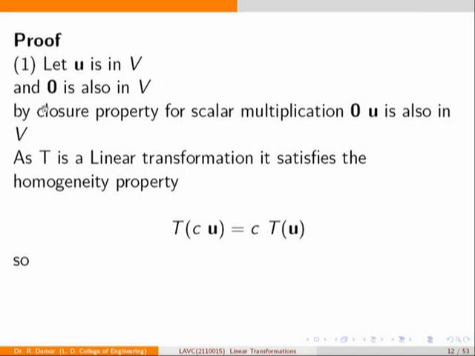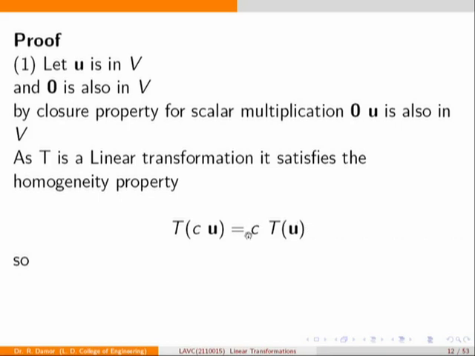So by the closure property we saw that 0 into u is in V, and T of 0u can be written as 0 into T of u. Clear?